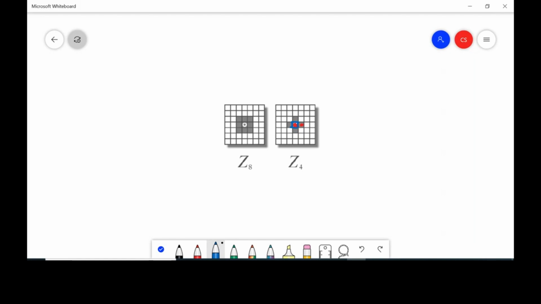A property of set 8 is that a pixel is a neighbor of the center if they share an edge or they share a corner. So these are the pixels here. They share a corner with the central one.